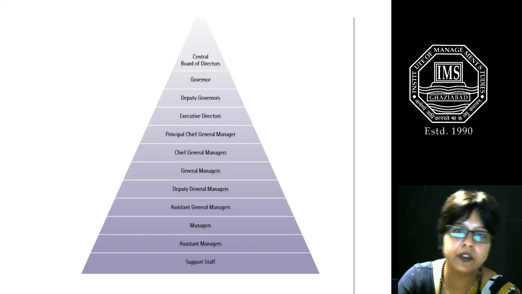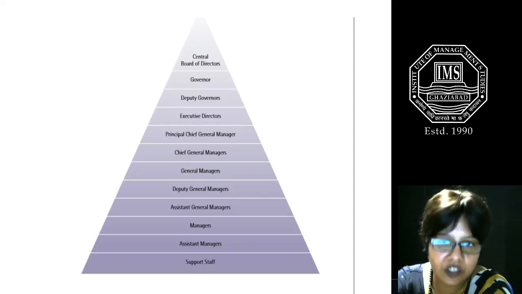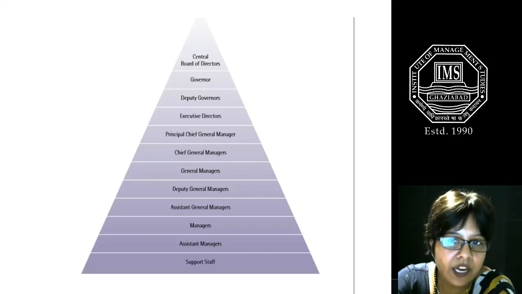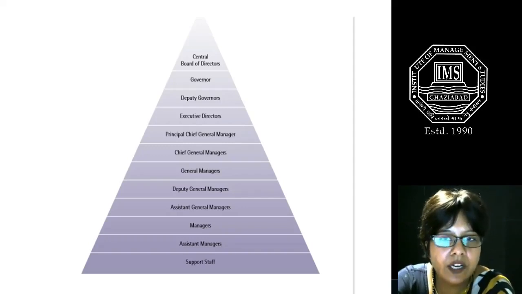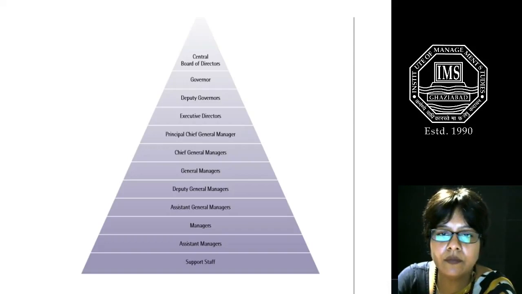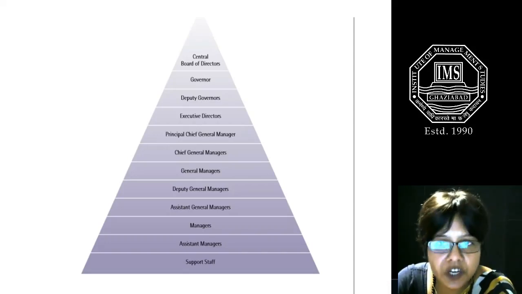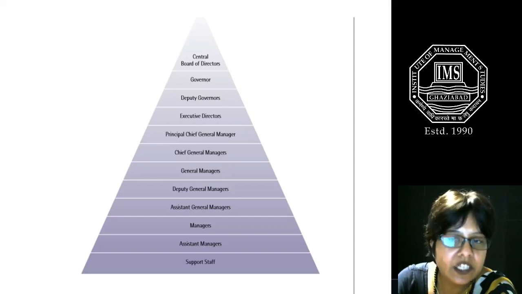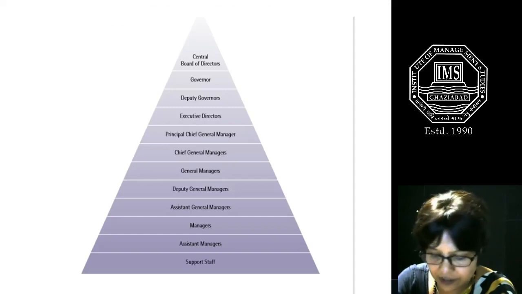So these people, 15 executive directors, 4 deputy governors and 1 governor, constitute the 20-member Central Board of Directors.